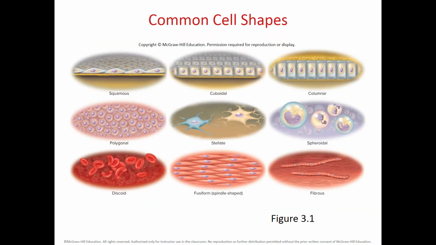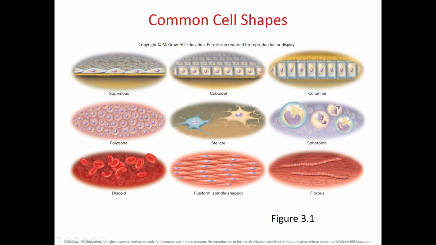In these cells, we are looking at longitudinal sections. Here is how the squamous cells look. They're flat or thin. The cuboidal cells look like a square. The columnar cells look like a column.